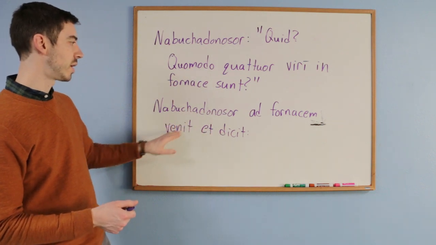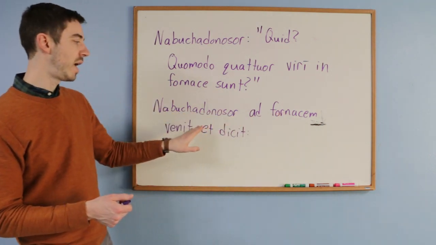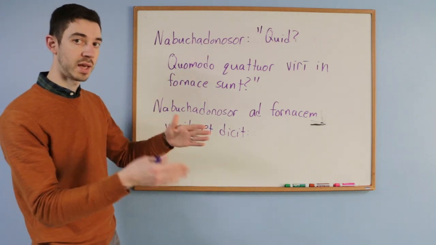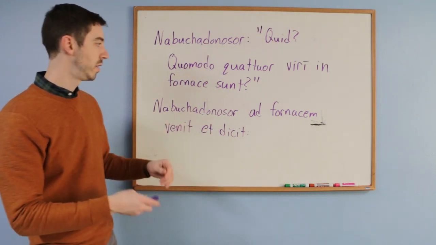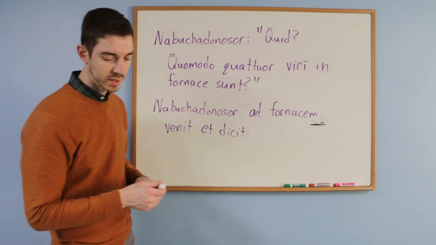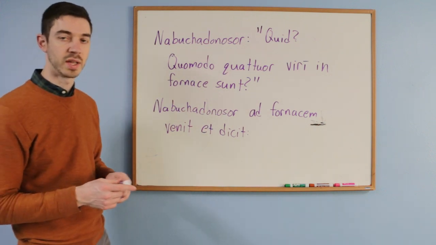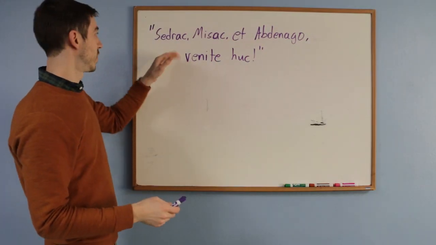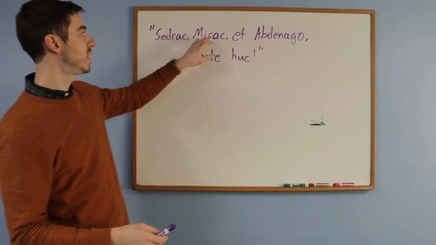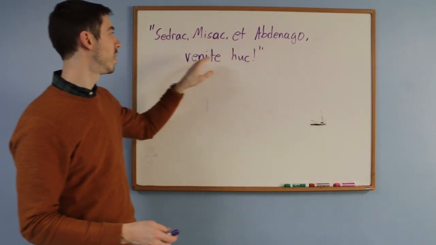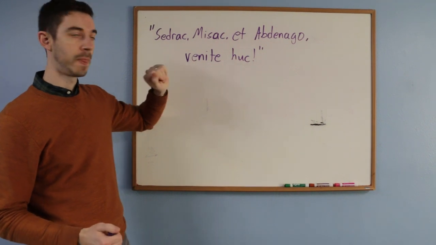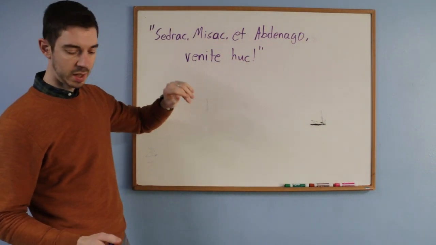So Nebuchadnezzar, he comes to the furnace and dicit, he says. So he comes to the furnace and he says. We'll find out in the next sentence what he says. All right, this is what he says. Sedrac, Misac, et Abdenago venite huc. So huc is a special word in your list.